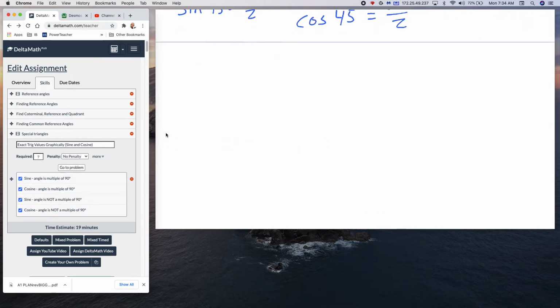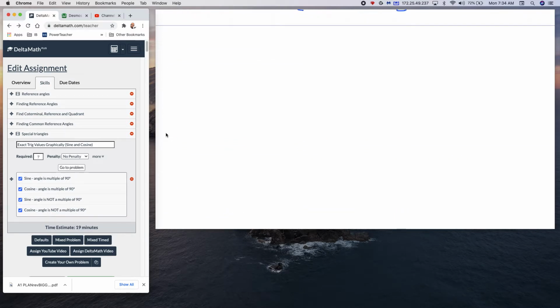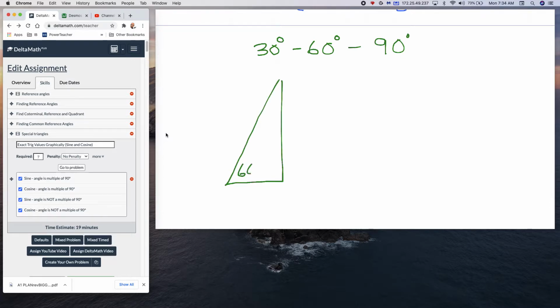The other special right triangle is one where you have a 30-degree angle, a 60-degree angle, and a 90-degree angle. You're going to have this triangle oriented like this, where the 60-degree angle is right here, this is 90, and this would be 30.